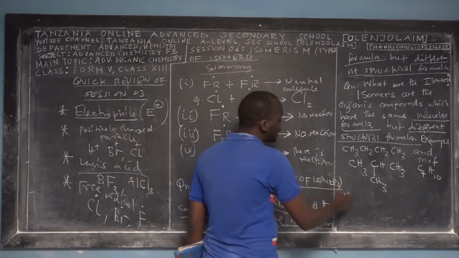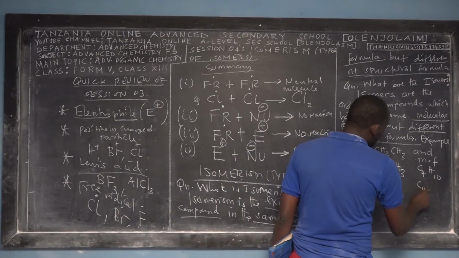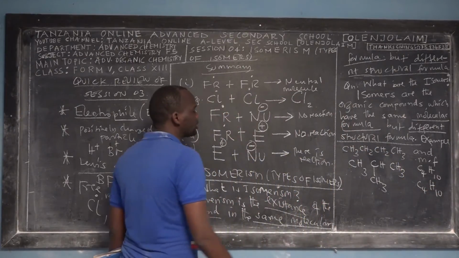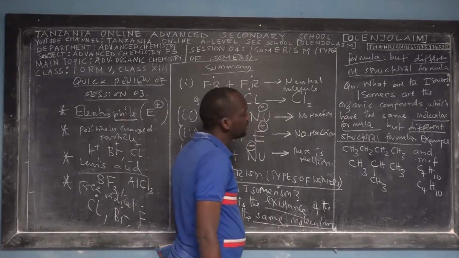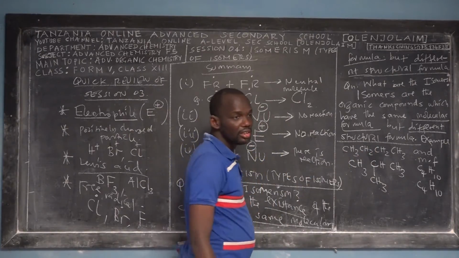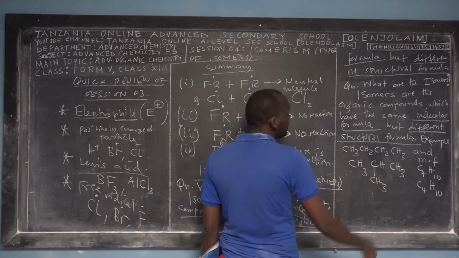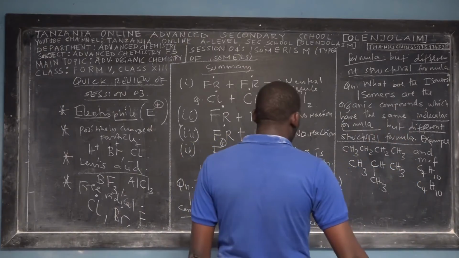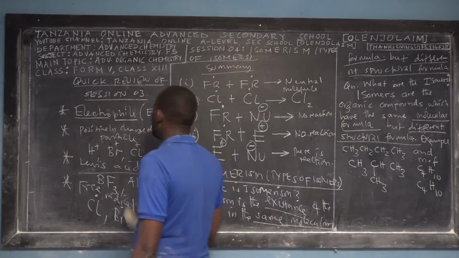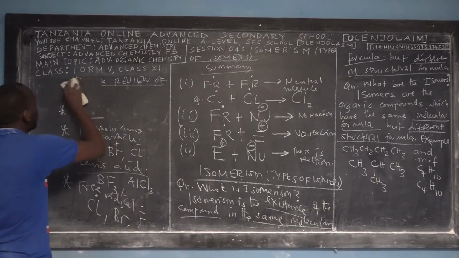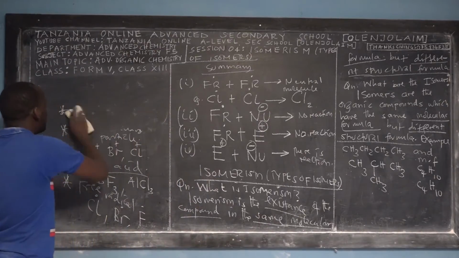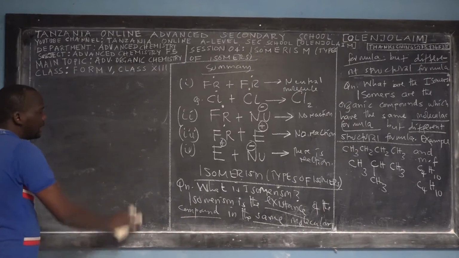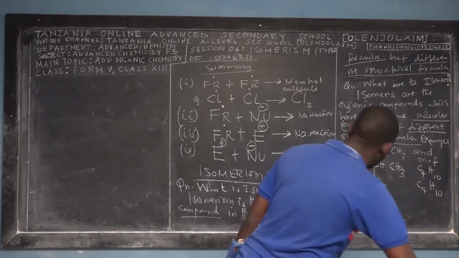The molecular formula of the second compound also contains 4 carbons and 10 hydrogens. But the structure is quite different. Even the nomenclature is different: we call this one butane, while this one we call 2-methylpropane. So when you are talking about isomerism, you mean organic compounds which have the same molecular formula but different structural formula.